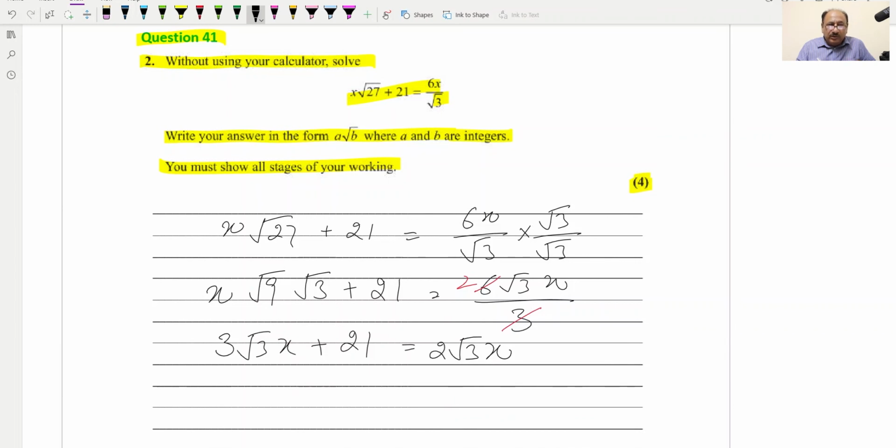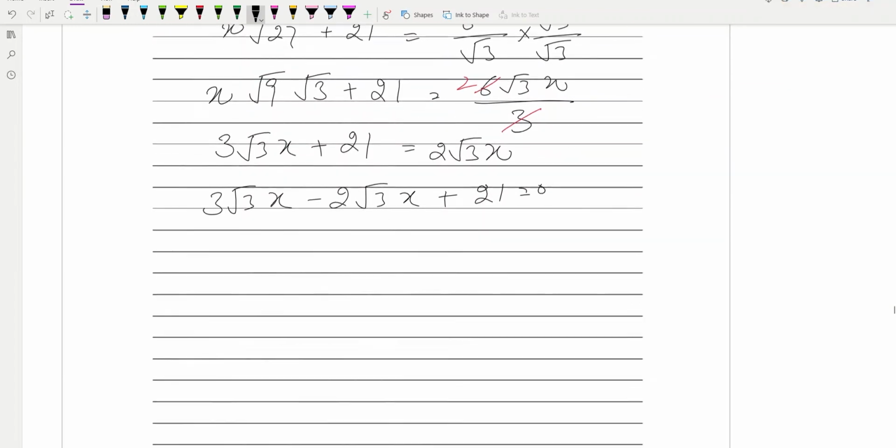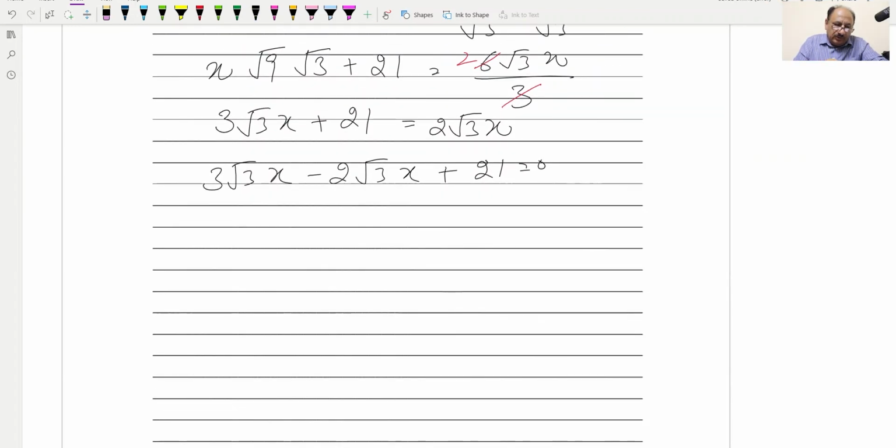So now we can shift this one to the other side, and this will be 3 under root 3x minus 2 under root 3x plus 21 equal to 0. And further we can simplify. This will be under root 3x plus 21 is equal to 0, and we can shift 21 to the other side.